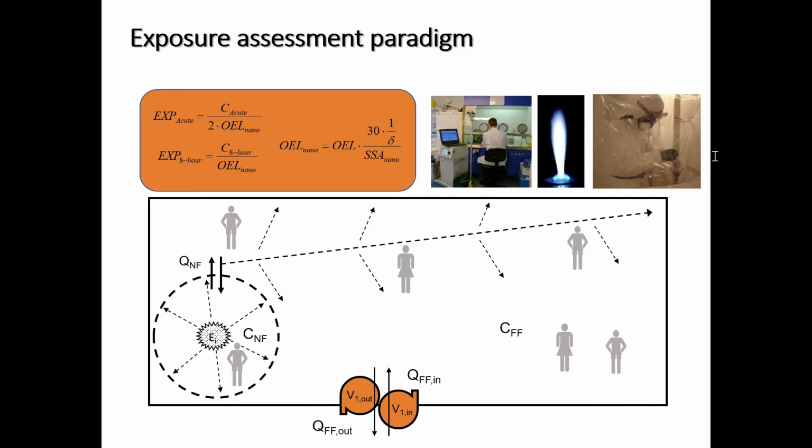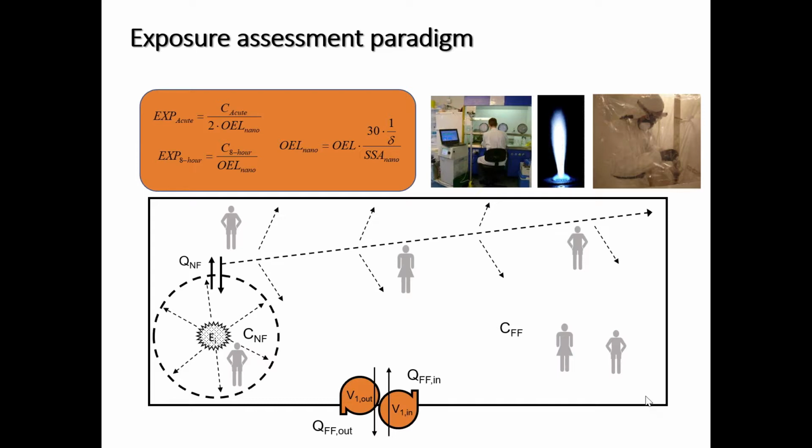Acute exposure follows the rule of short-term 15-minute exposure, where you are allowed to be at an exposure level of 2 times the daily exposure limit. And the daily exposure, of course, complies with the daily exposure limit.